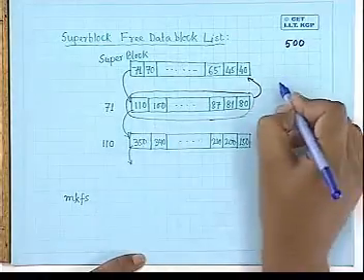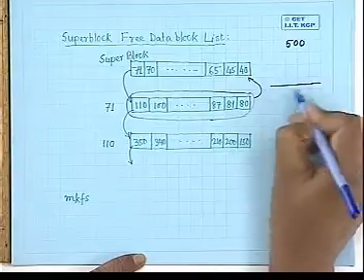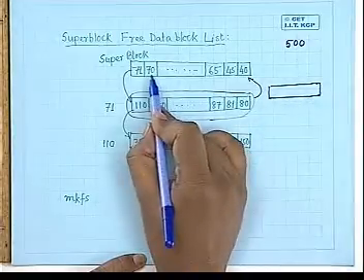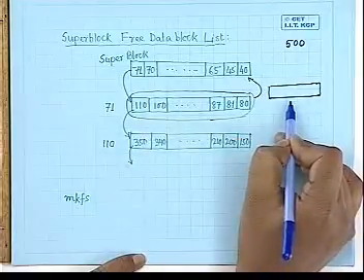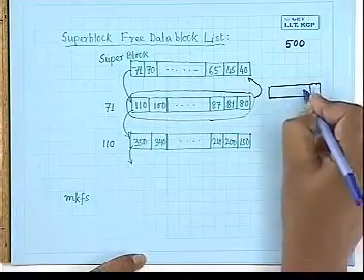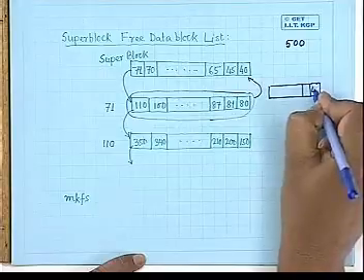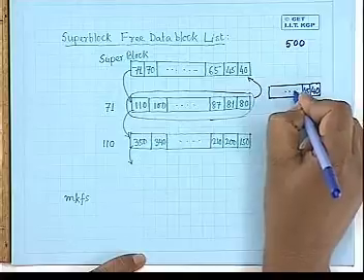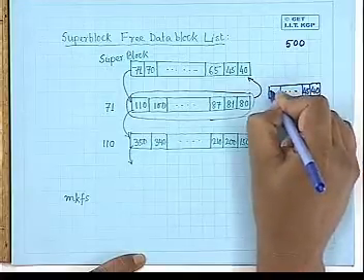So what I do is, I take this block number 500 and copy the content of the superblock into this block number 500. That is, block number 500 will contain all these entries: 40, 45, and here you have 71.